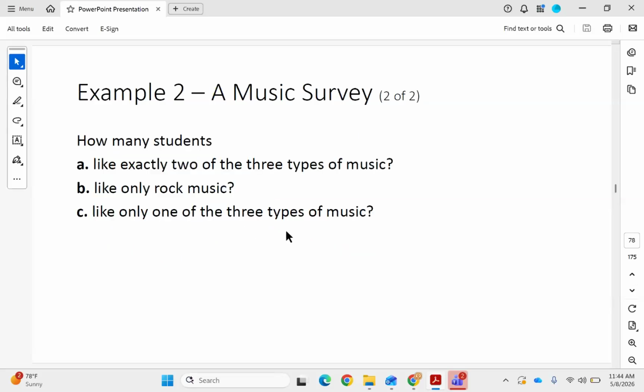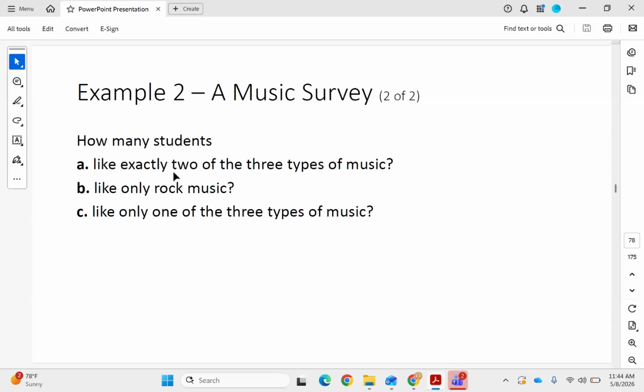The question is, how many students like exactly two of the three types of music, and how many like only one of the three types of music, like only rock music?